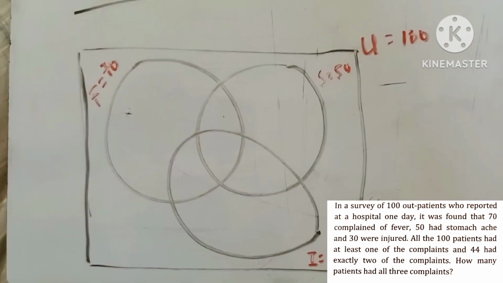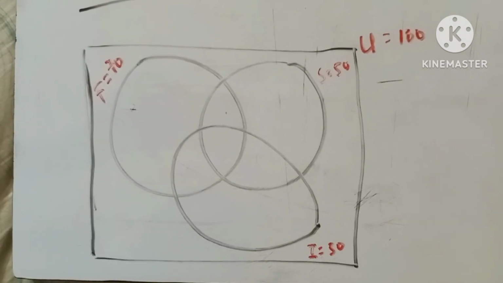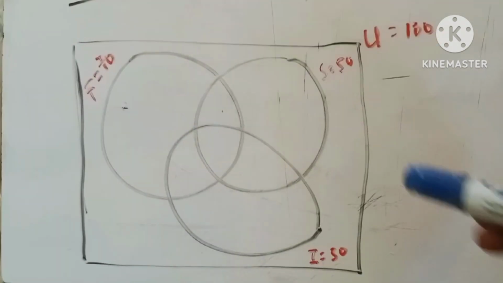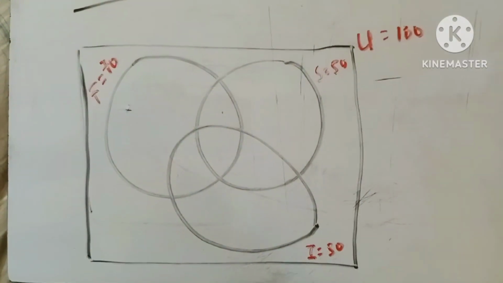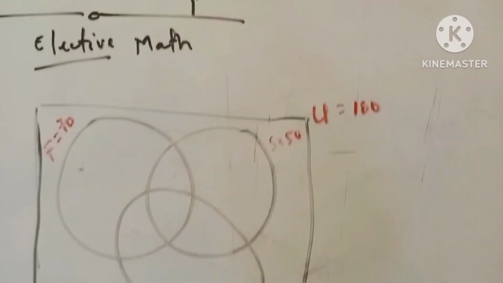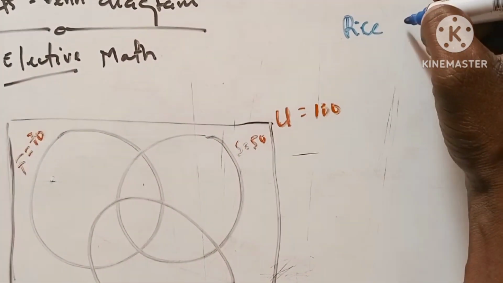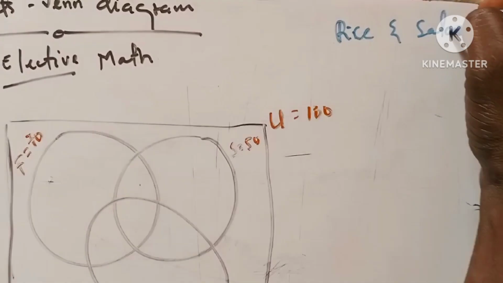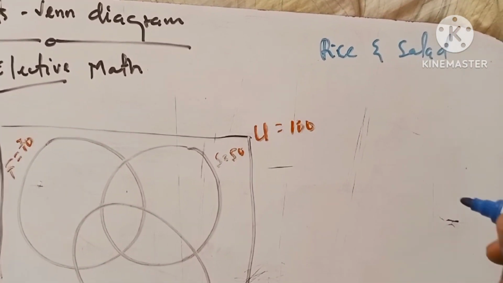Okay. Now we are told that 44 of them complain of exactly two issues. So maybe it can be this and this, or maybe this and this, right? Exactly two. So what that means is that if you say you enjoy, let's say, rice and salad only, right?